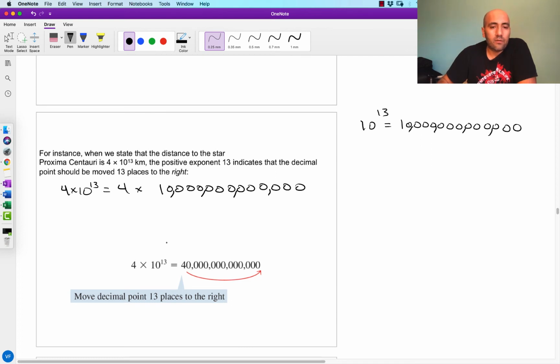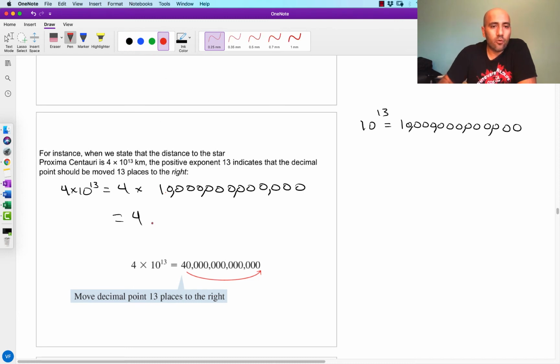Right? Okay, well, the shortcut is the pattern that we notice: we just take the 4, we start off with this.